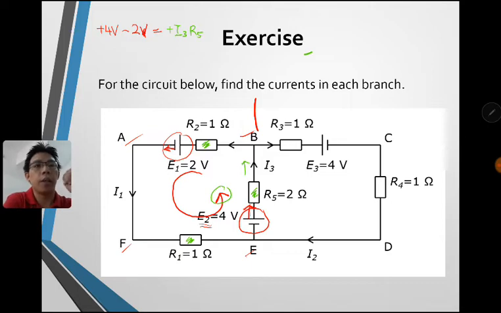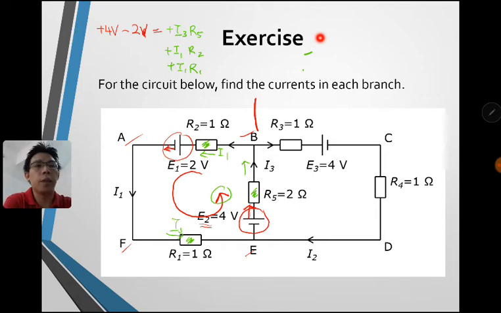Then R2 carries I1, the same as our direction of assumption, so we have I1 R2. Then the next one, we have R1 down here, which is also I1, also following our direction, so we have I1 R1. You can sub values into that. I just teach you how to do this.